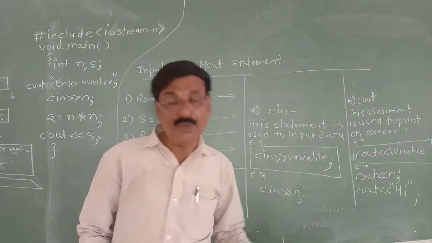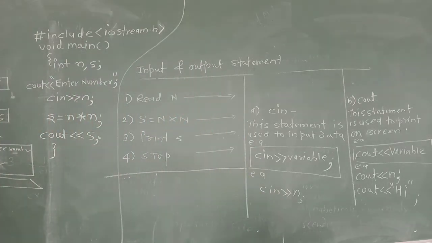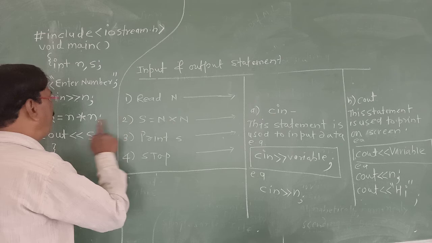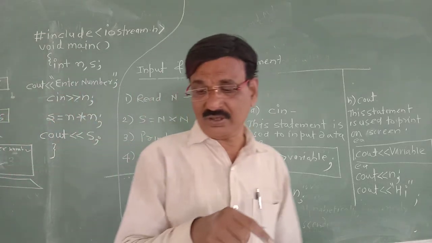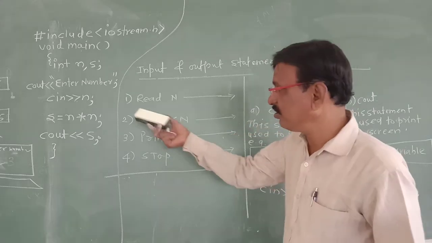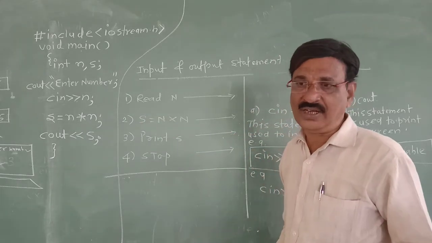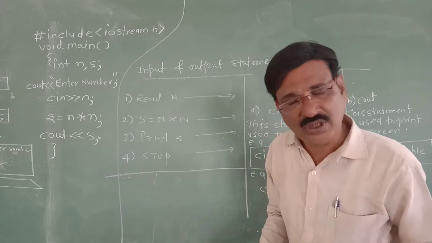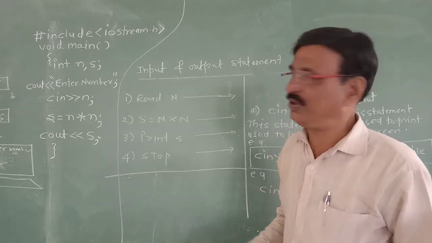So today we have seen input and output statements. Now one more thing: as we have seen here, the multiplication operator is available in C++, that is asterisk. So we have to see other operators. We have seen input and output; now it is time to see the operators of C++.